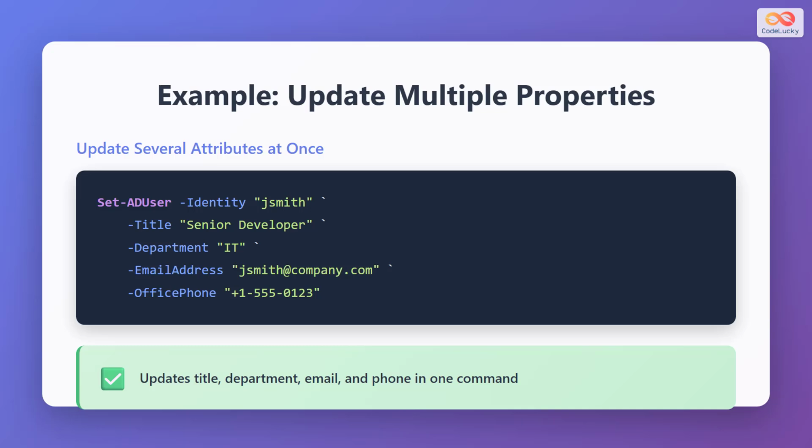This single command updates 4 different properties at once: the title, department, email address, and office phone number. This is much more efficient than running 4 separate commands, and it ensures all changes are made together as one operation.